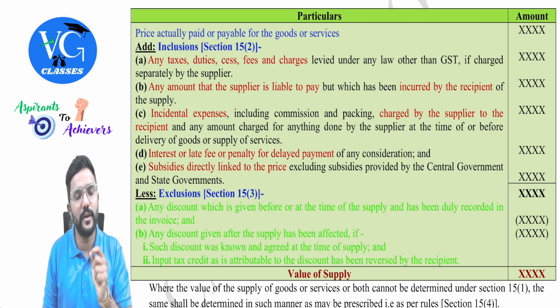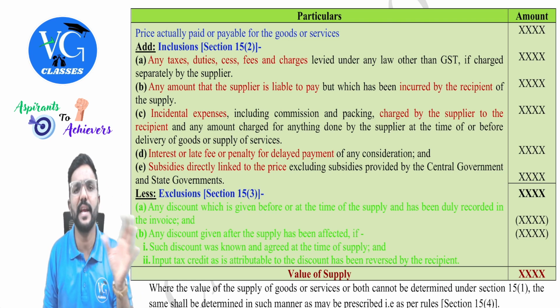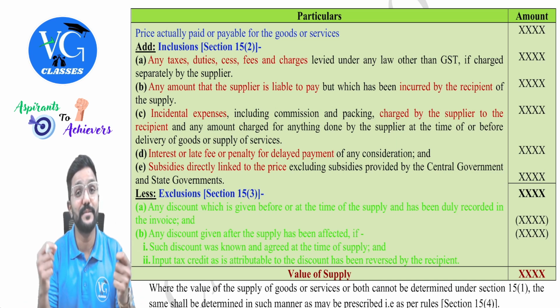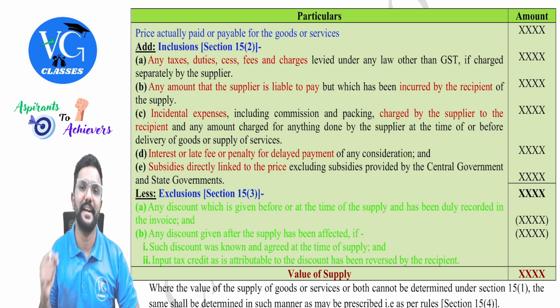Should it be included in the value of supply? Yes. Anything which I charge you for anything extra I am doing. Assume I am also arranging transportation and for that I am charging you some amount. Should it be included in the value of supply? Yes. Like packing, transportation, designing, anything which I am doing for you, for which I am charging you a separate amount, should be added, guys.